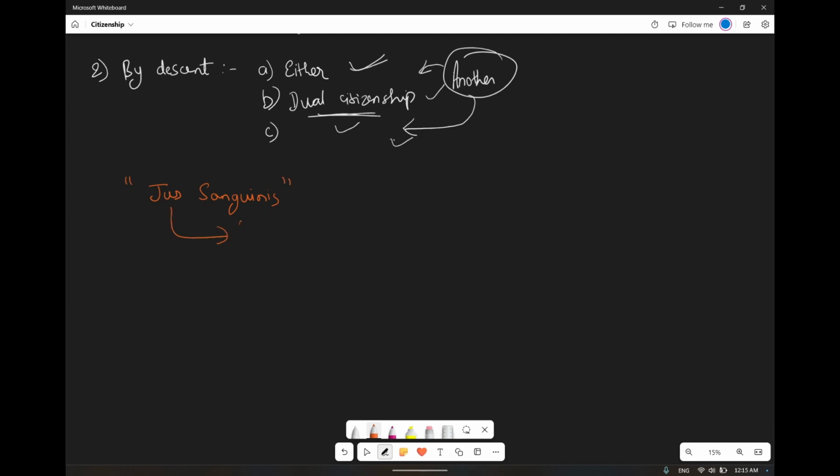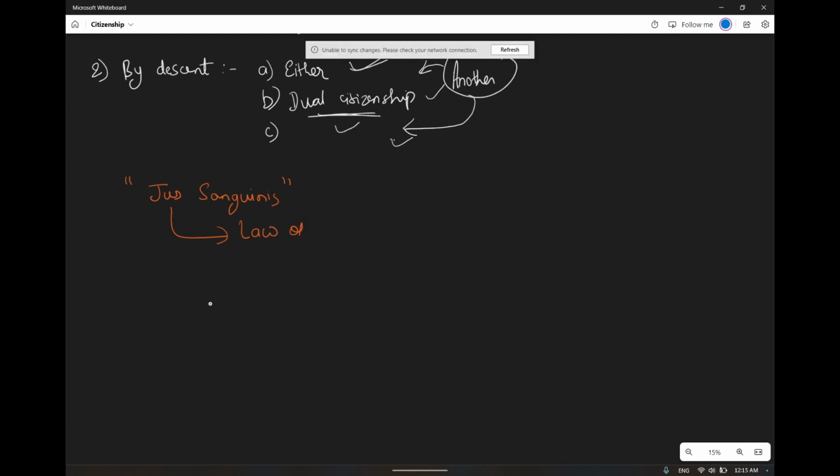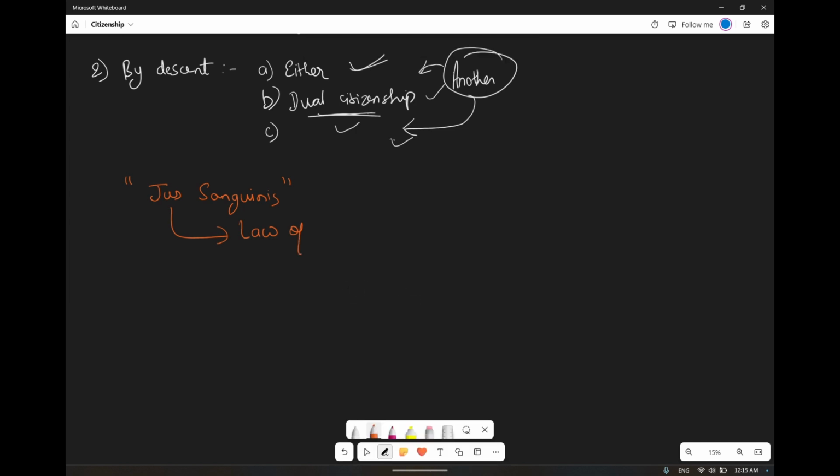It means law of blood, no matter where you are born. If your parent is of India, then we'll be able to give you the citizenship of India. So in India we follow jus sanguinis, law of blood, no matter where you are born.